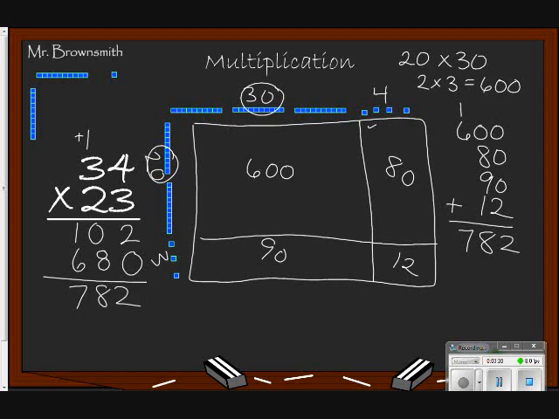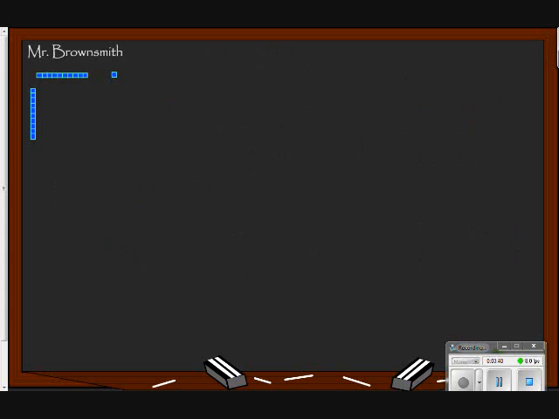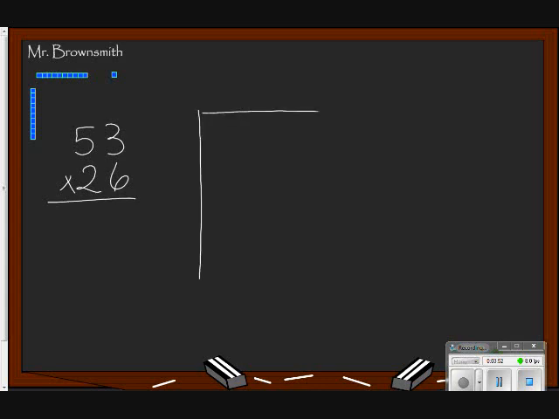And this is a great method to do. And you also don't need the base 10s there at all. So if we look at another number, let's say 53 times 26, we don't have to have the base 10. So what we can do is just draw a box like this.